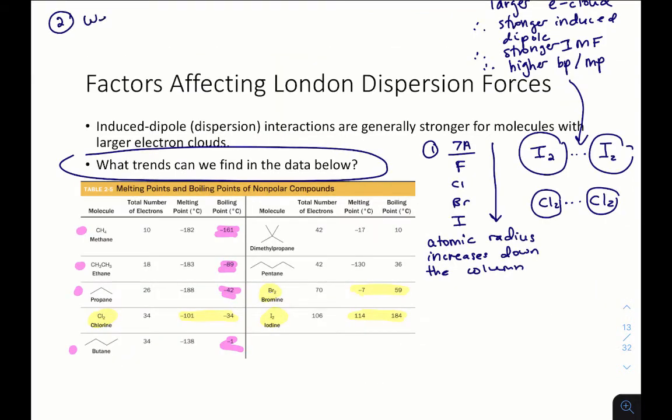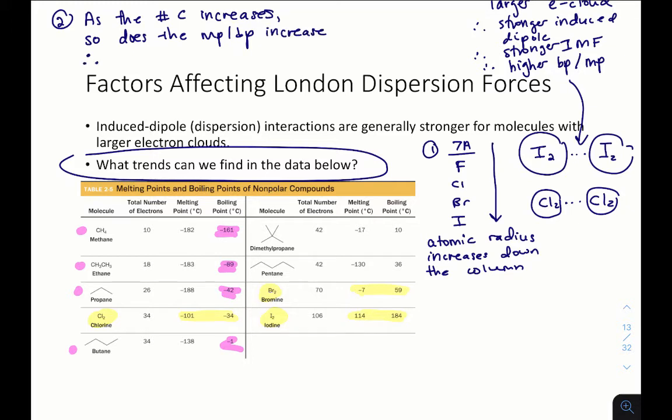We can note the pattern first, that as the number of carbons increases, so do the melting points and boiling points. Particularly here we see the boiling points of these compounds. So we see that pattern. We will conclude that the intermolecular forces increase with more carbon atoms in the chain.